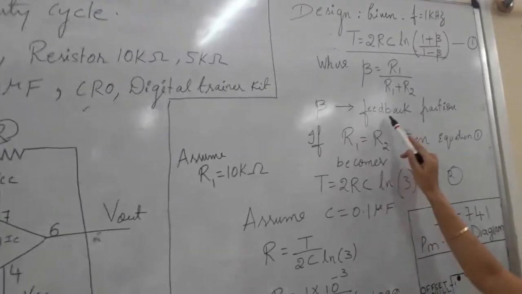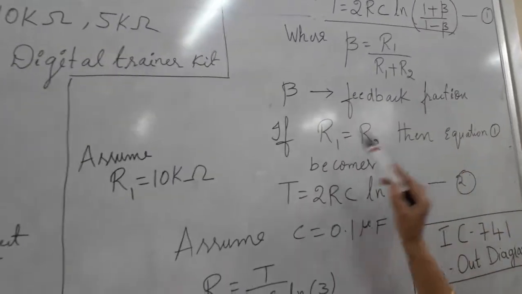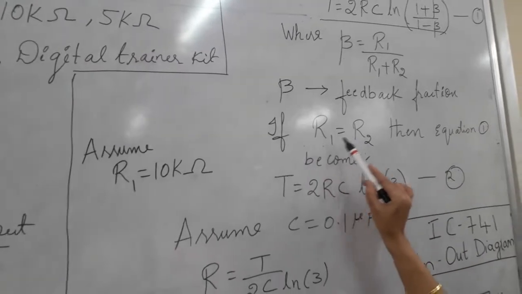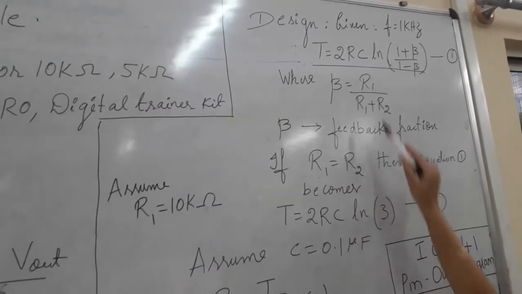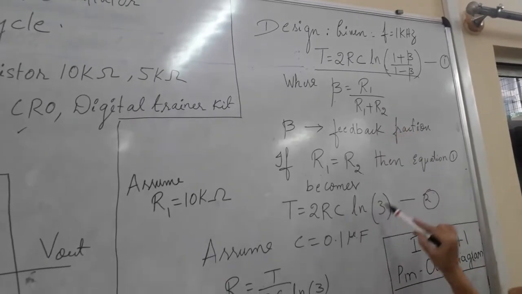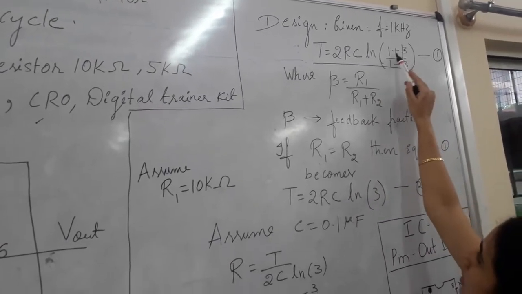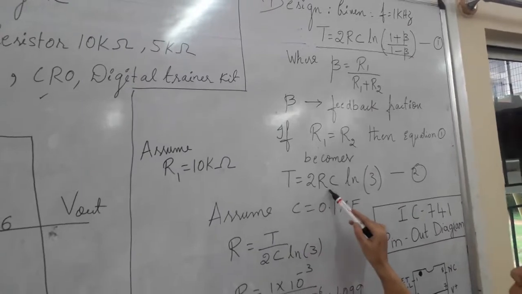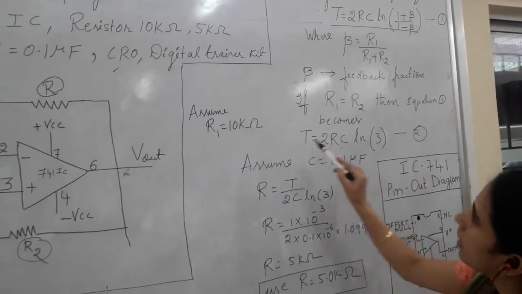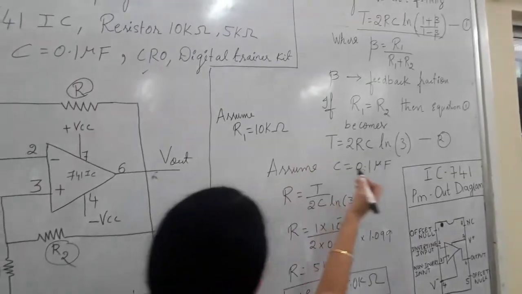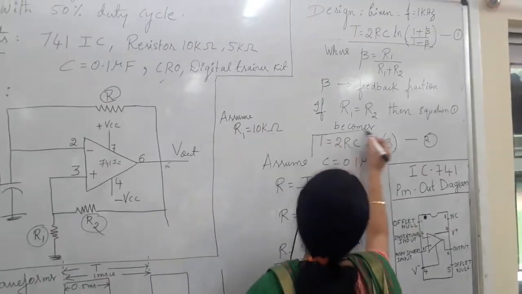Beta is called the feedback fraction. We assume R1 is equal to R2. Then equation 1 becomes, if I substitute R1 equal to R2 and substitute that beta in this formula, T equals 2RC ln 3.